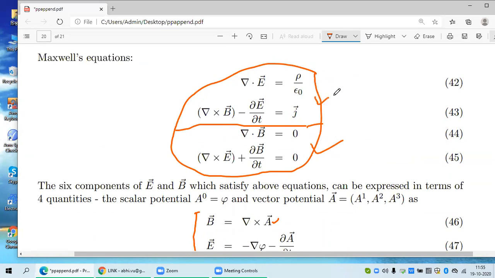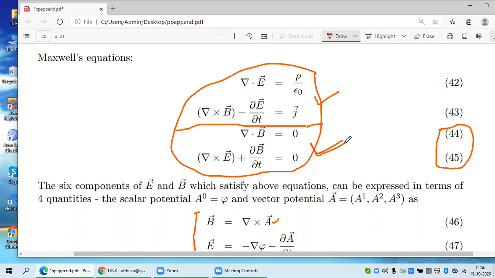These 2 are inhomogeneous Maxwell's equations because of the non-zero right hand side. If you treat Maxwell's equations in vacuum, that means non-interacting electromagnetic fields, there is no matter with which the electromagnetic field can interact, so there is no charge and no current density, then all become homogeneous equations. Clear?